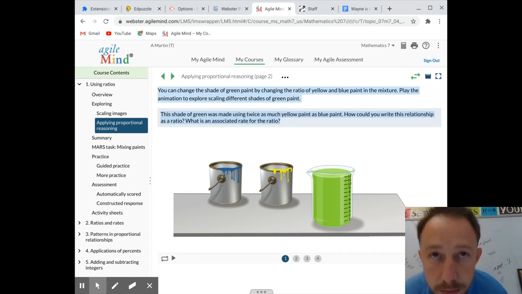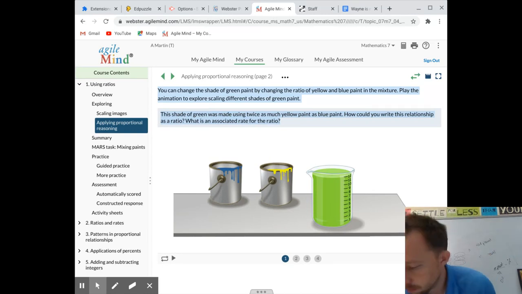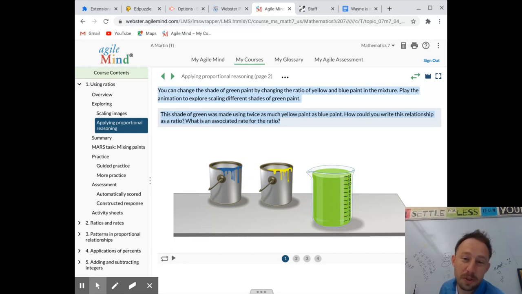The shade of green may use twice as much yellow paint as blue paint. How could you write this relationship as a ratio? What is an associated rate for the ratio? Great job. All right, so looking at this, we're going to play the video.